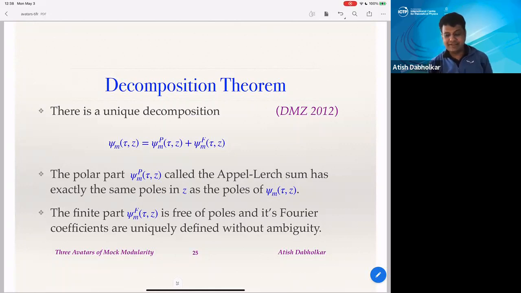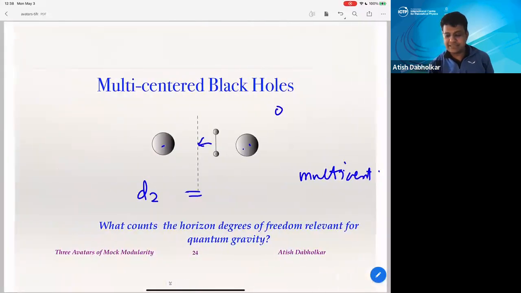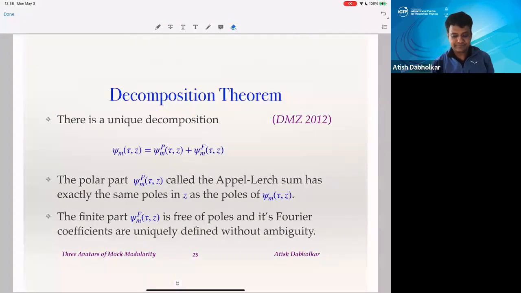And one of the mathematical results, which was very nicely motivated by physics, is that the meromorphic Jacobi form, which counts the degeneracies asymptotically of everything, can be uniquely decomposed into one function with poles and another function without poles. The polar part is called the Appell-Lerch sum and has exactly the same poles as this function on the left-hand side. So therefore, the difference between the two has no poles in z.